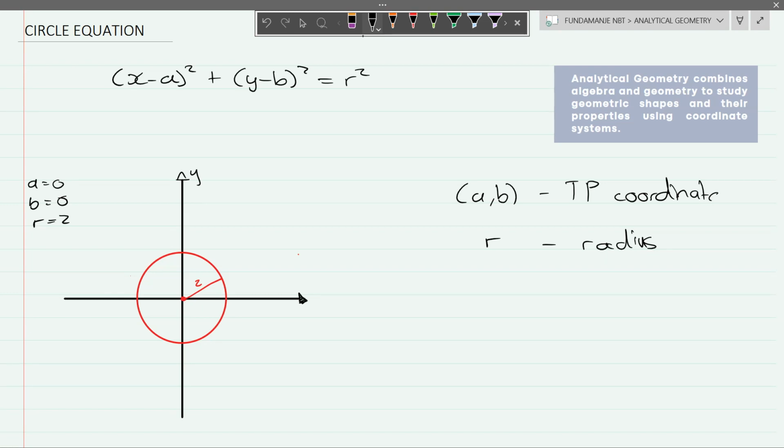And now we want to compare this circle equation to the other equations that we usually work with. This circle equation can be defined as x² + y² = 2², which is 4.